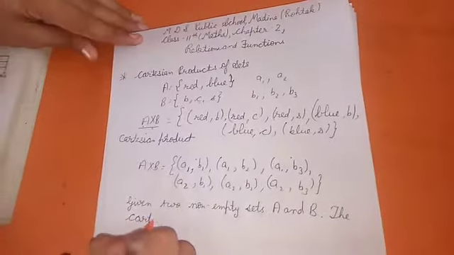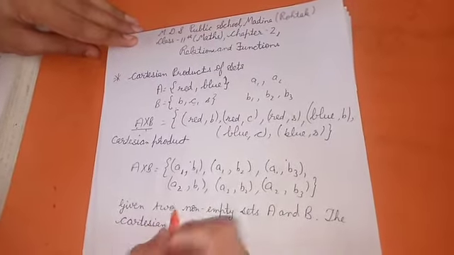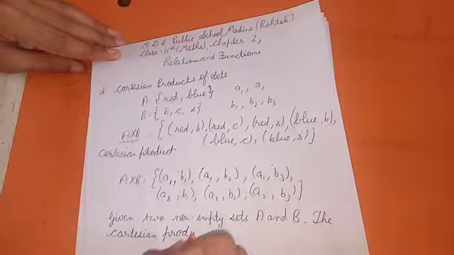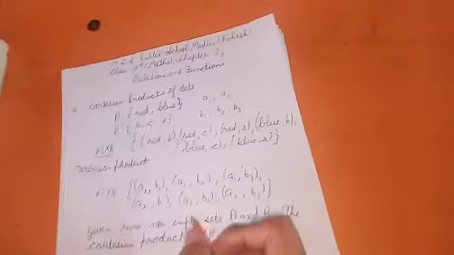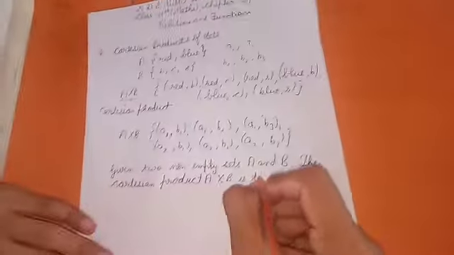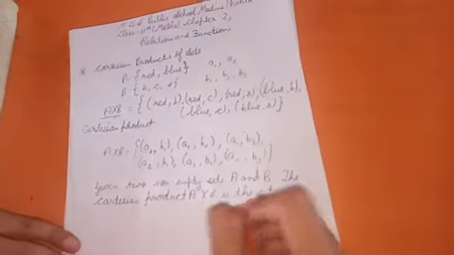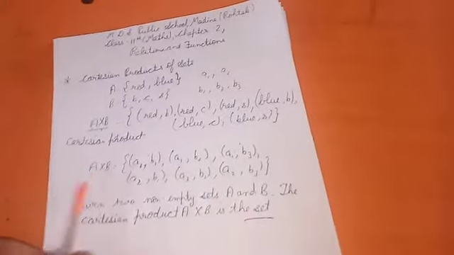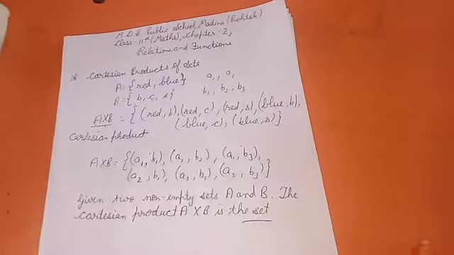So the Cartesian product will be A cross B. A cross B is the set. Set means the Cartesian product will also be a set here.